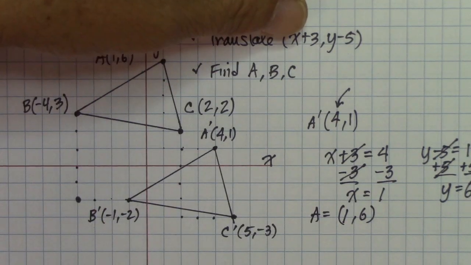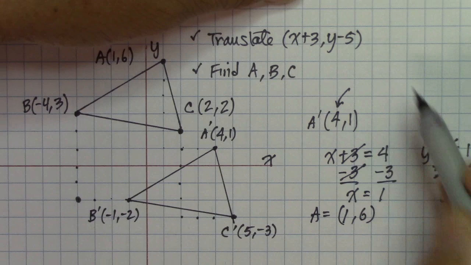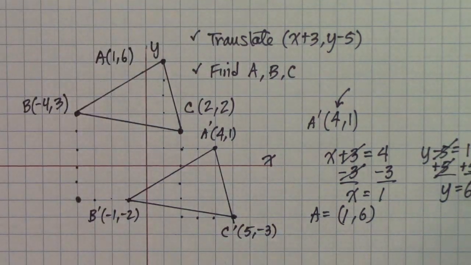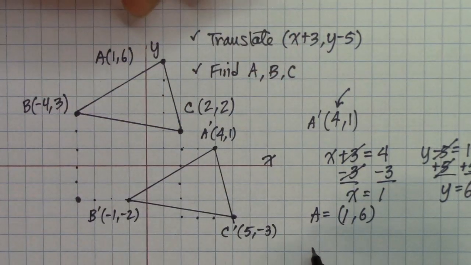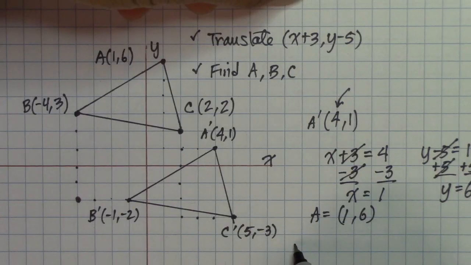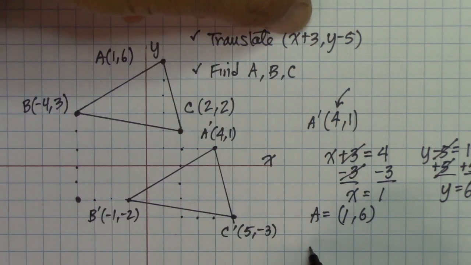So when we do that quickly, now let's do B. Given the minimum space, I'm going to do it right over here. Here's what we do. We go x plus 3 equals, this time, B prime, which is minus 1.